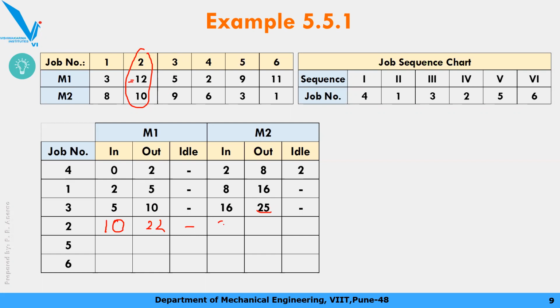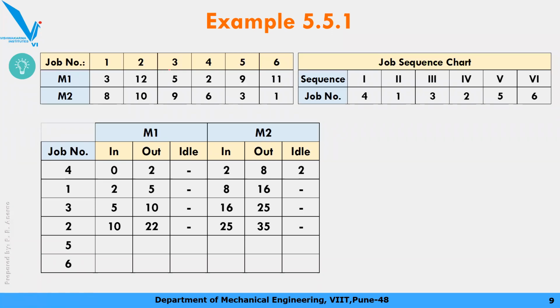At 25 it will enter on machine number 2. Now machine number 2 is free. It is going to take 10 hours to complete. So out time will be 35. Machine 2 is not waiting for anyone; it is continuously working on this job. So job number 2 is also over.